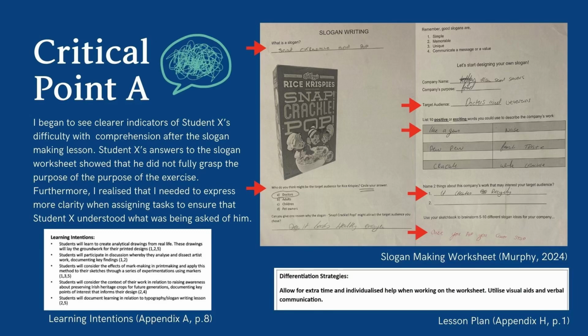I found that this exercise was a very good turning point for myself in terms of teaching strategies. From this worksheet, I deduced that student X's ability to comprehend needed attention. Student X showed creative ability in his slogan making, but for the wrong subject matter.